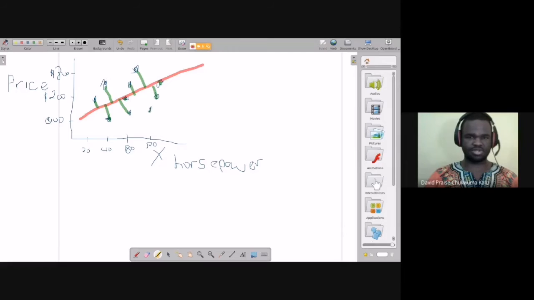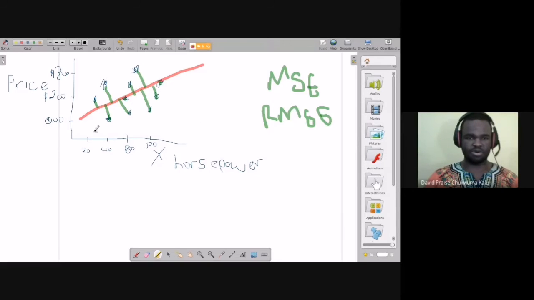We could use different measurement factors, like the mean square error or the root mean square error. And we want to make sure that for the line we draw, the error will be very small.